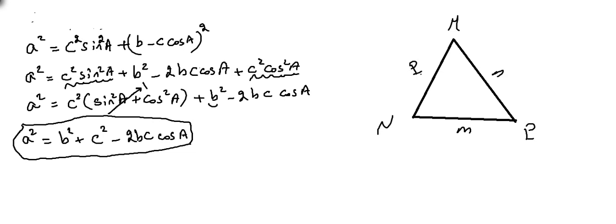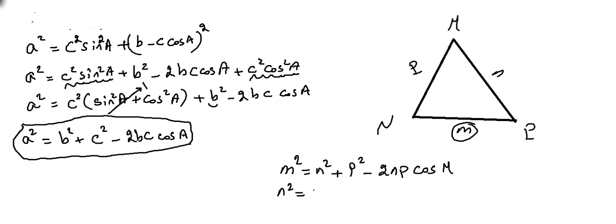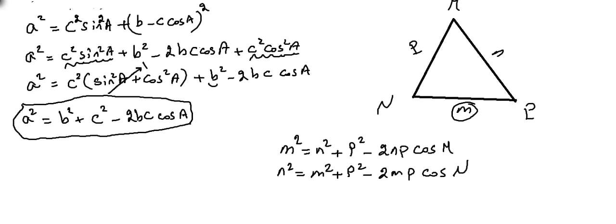Let me find M. What is M by cosine law? M squared equals N squared plus P squared minus 2 times N times P times the cosine of the angle between them, which is M. If we want to find N, for example, N squared is equal to M squared plus P squared minus 2 times M times P times the cosine of the angle between M and P, which is the cosine of angle N. Exactly, if we want to find P, the same.